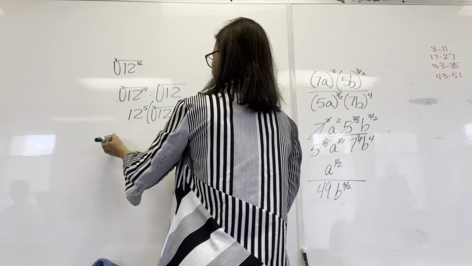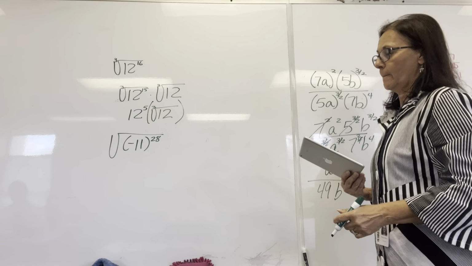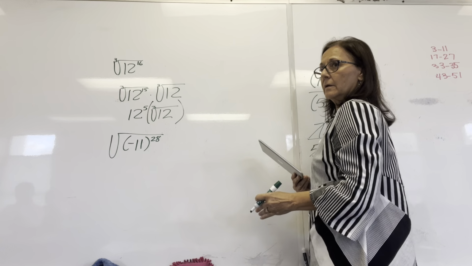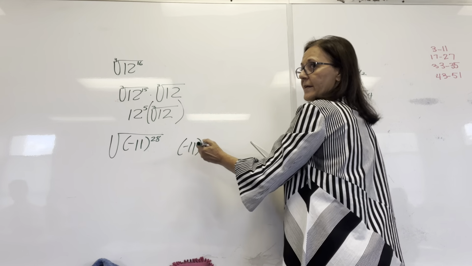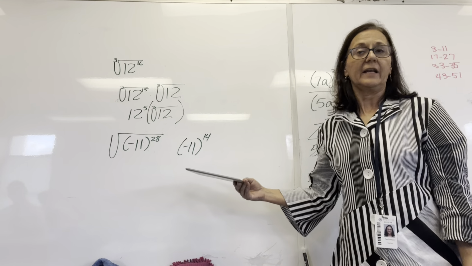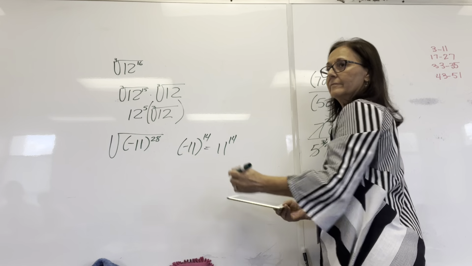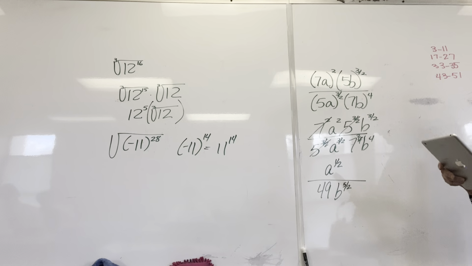Okay, look at 19. How do I rewrite this in exponential form? Negative 11th raised to the... Is that going to be positive or negative? It's going to be positive. All right, you got to do 21.